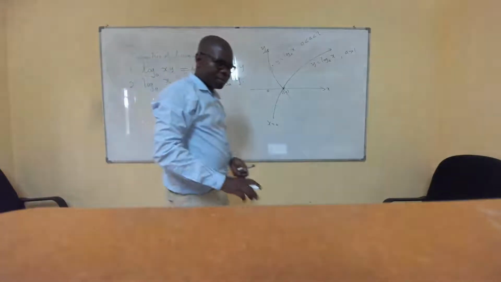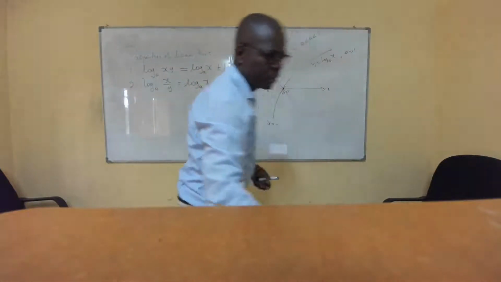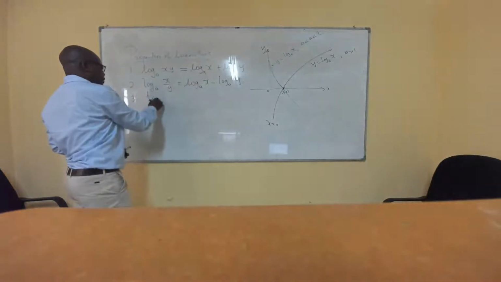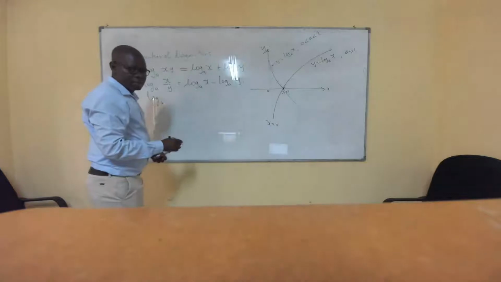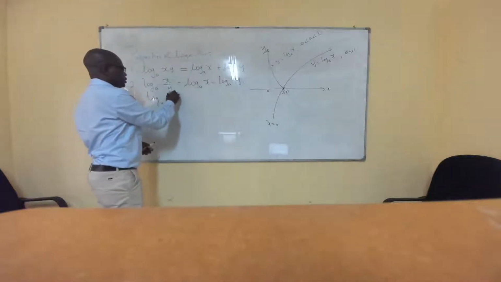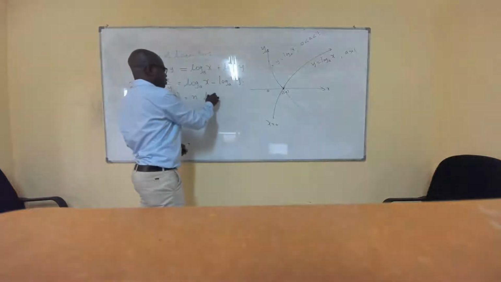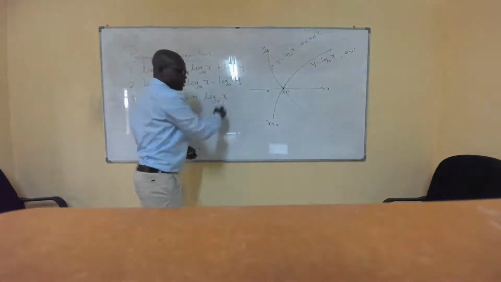And then the other property we looked at was, if you have log to base a of some power, x to the power n, you can write this as n into log to base a of x.